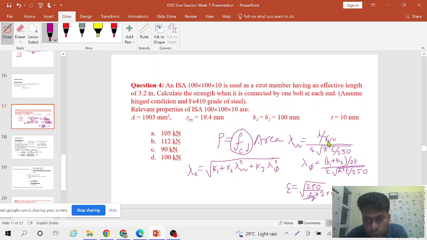Yes, sir. Epsilon is 1, no need to take it, upon pi square, 2 into 10 raised to power 5, upon 250. So 250 is also under root. So calculate it once again. Value of epsilon is root over 250 upon 250, that is equal to 1.